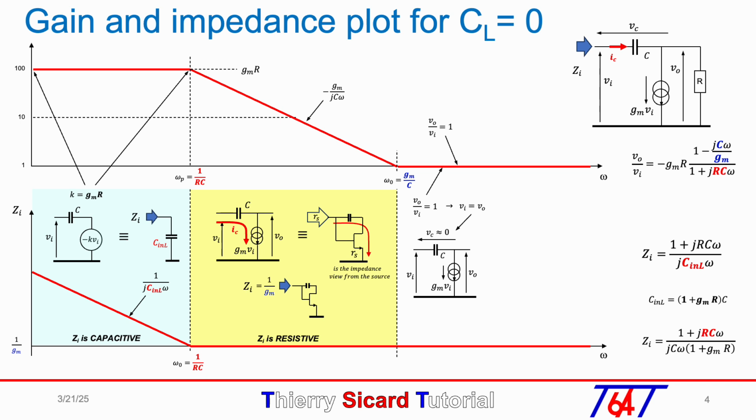The equivalent circuit is therefore even simpler. An NMOS connected as a diode with its drain-gate connection shorted, the input impedance seen from the gate still being 1 over Gm. Again, the resistive input impedance area is noted in yellow.